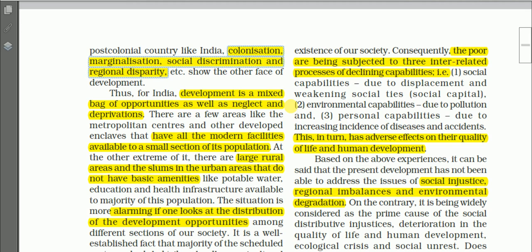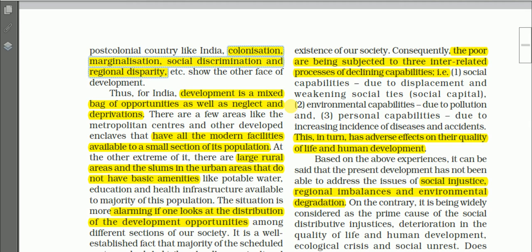You have learned in the history classes that India faced colonization, then marginalization, then discrimination among ourselves, then regional disparity, which means in one place it is developed, in other states or within a state also some districts are developed, some districts are not so developed, so we have regional disparities in a country like India.